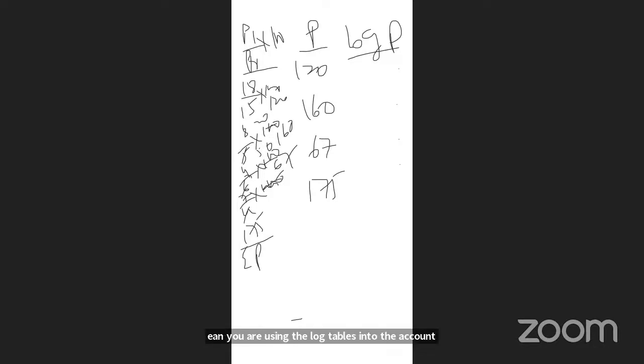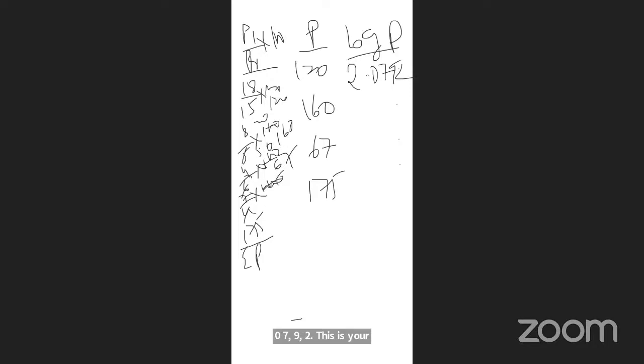Now we have 120. 120 is 3 digits. So you will say 2.12 under 0. You have to locate the values in the log table. The 12 under 0, what is the value? 2.0792. This is your log table value.